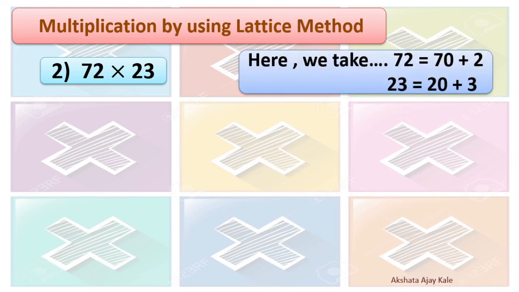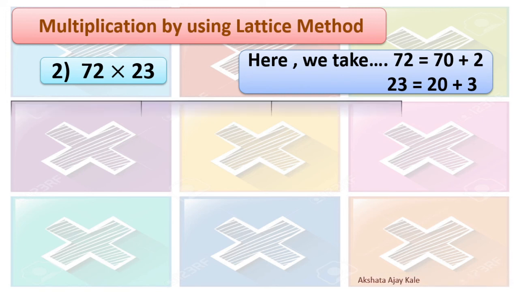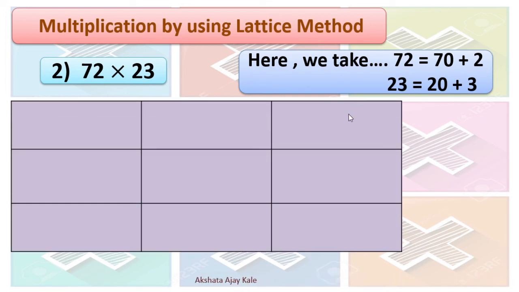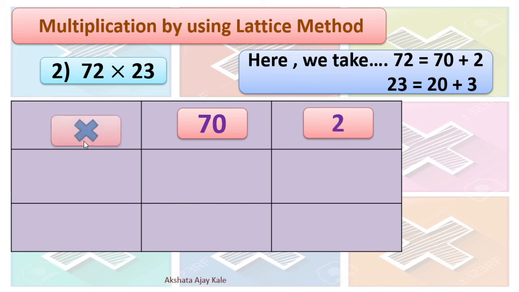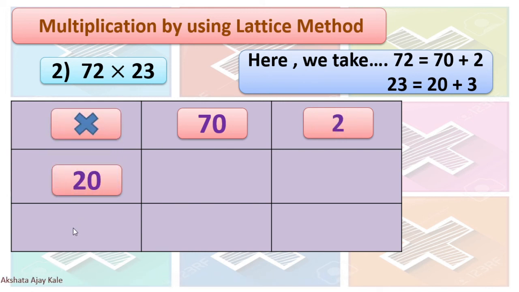Here 70 plus 2, 20 plus 3. Right? Very nice. Let us make a table. Now we will write the numbers in the table at suitable places. 70, here 2 multiplied by 23. Right?